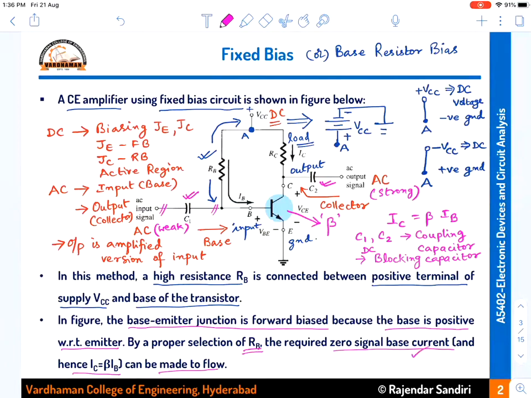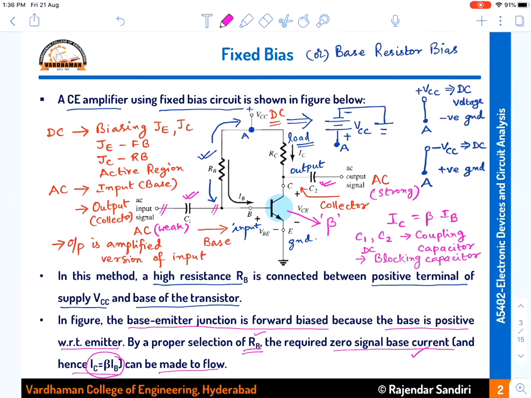Then you know how to calculate the collector current, which is beta times the base current. You know the relationship between the collector current and base current. Then how much this IC is, that is decided by the value of RB. So we have to suitably choose the value of RB such that this IC will be exactly in the middle of the DC load line. Similarly, the VCEQ also.